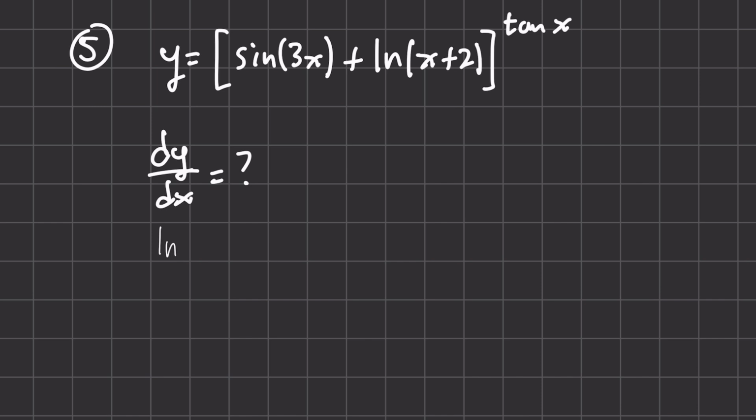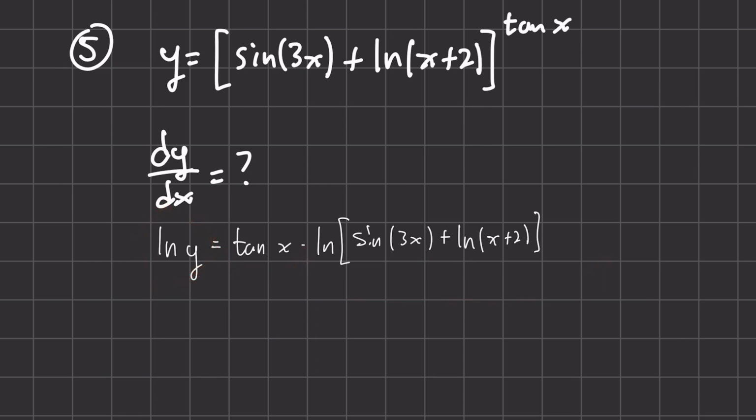So we get ln y is equal to tangent x times ln(sine 3x plus ln(x plus 2)). Now this makes things a bit easier, because now it's not a function to the power of another function, but just a product of two functions.